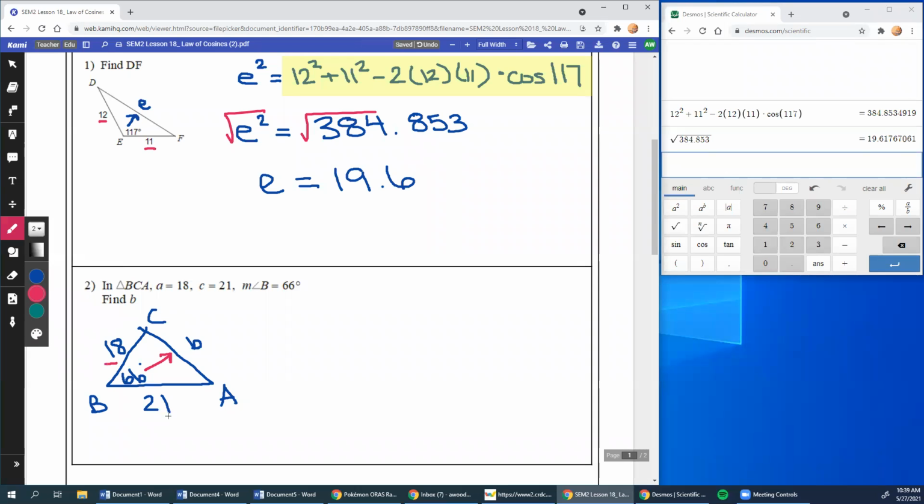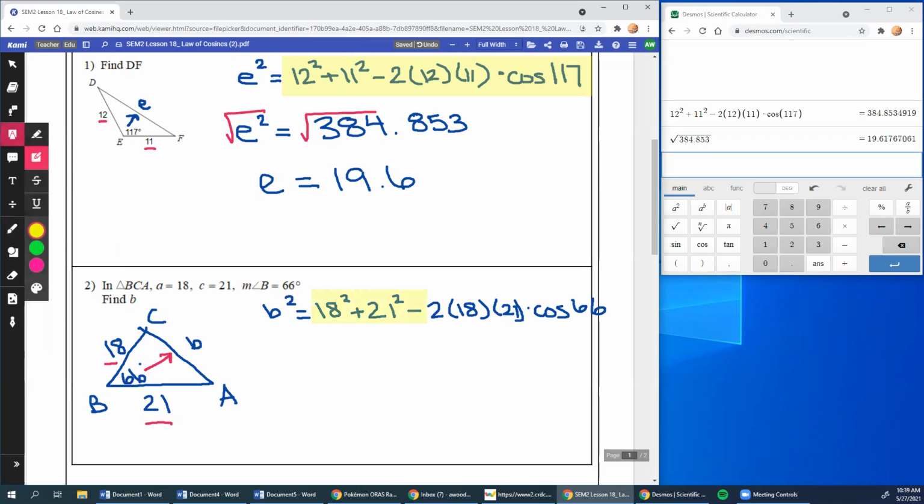And then 18 and 21 are my other 2 sides. So we have b squared is equal to 18 squared plus 21 squared minus 2 times 18 times 21, times cosine of my given angle, which is 66.